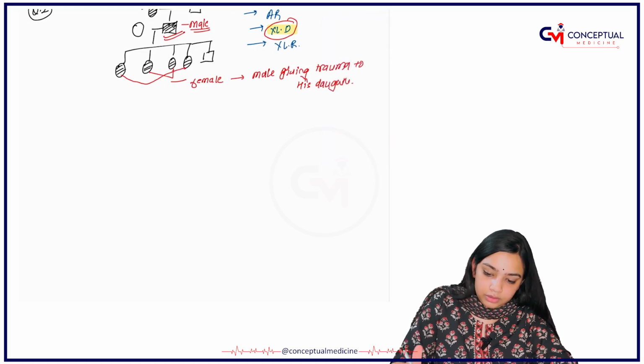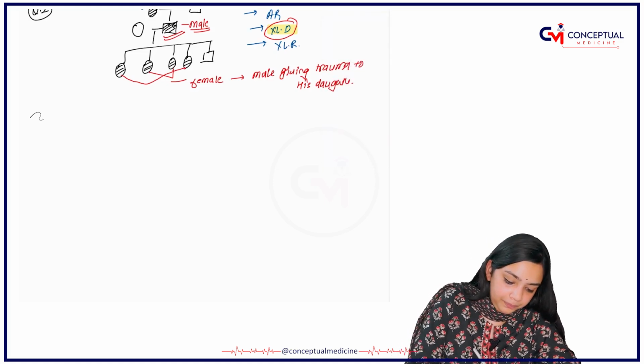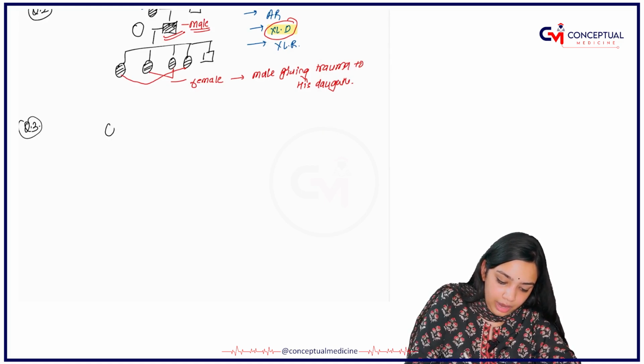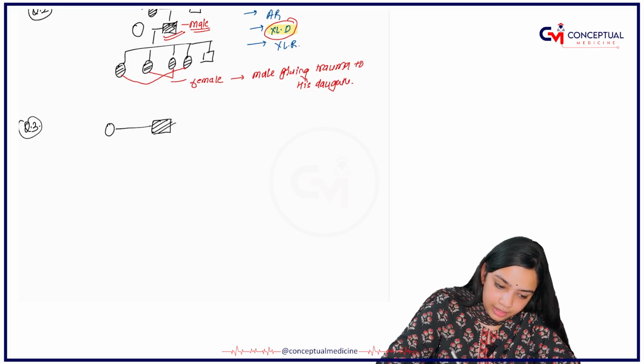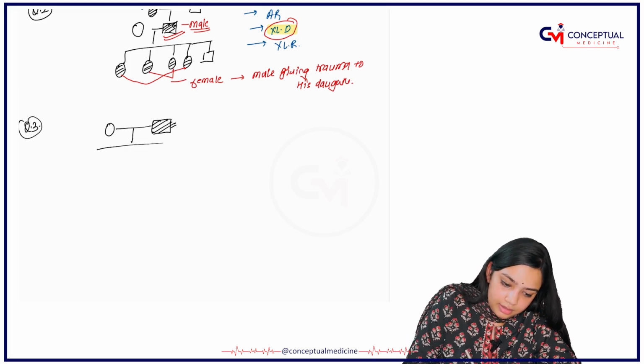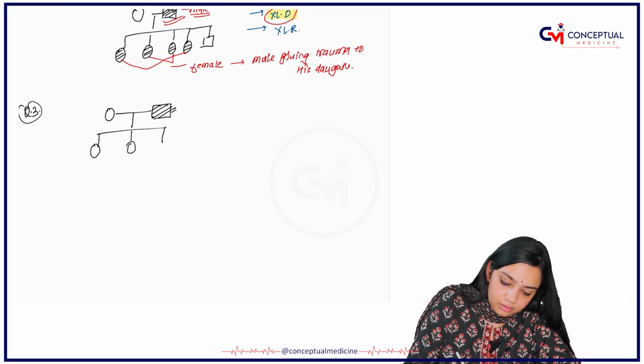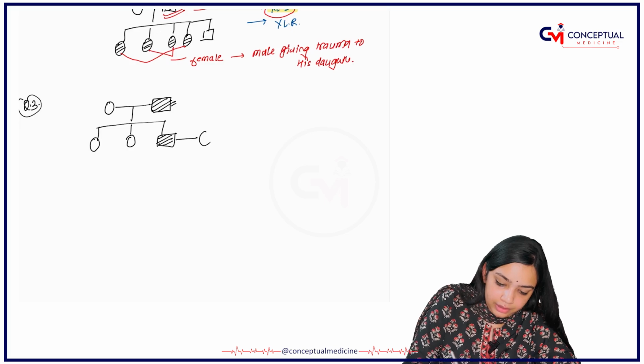Okay, now the third question. In the third question you have a female and you have a male. They both had their marriage, but the male was affected. Then they had their offsprings. In the offsprings, the male was affected again. He decided to have his marriage.